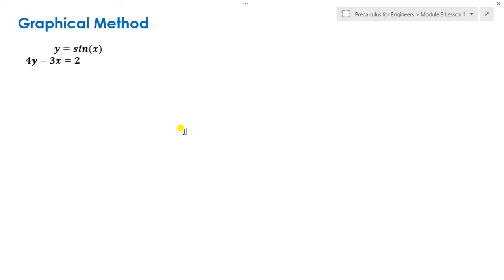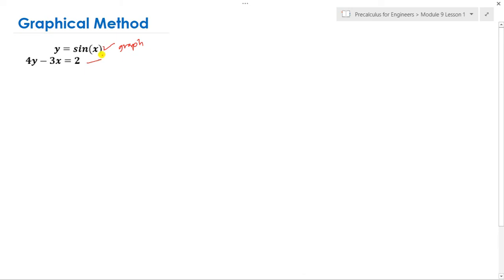Let's say you are given a polynomial of higher degree, another one is a sine function, the next one is a logarithm, so they are different functions. You can't directly substitute and solve for x only or y only, so if you can't solve manually, then graph them. The first step is to graph each equation, starting from y equals sin x.